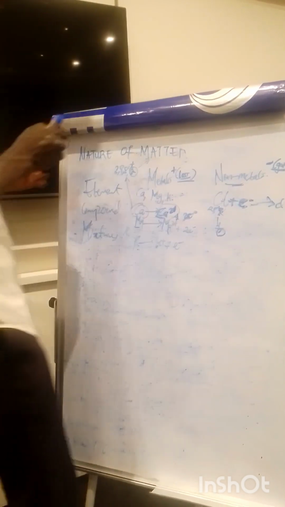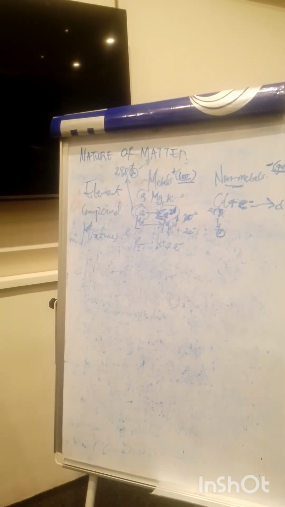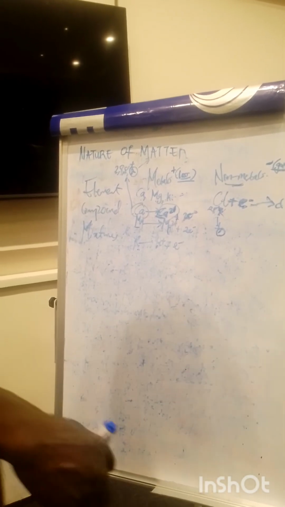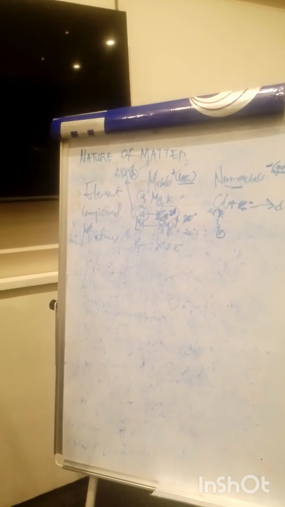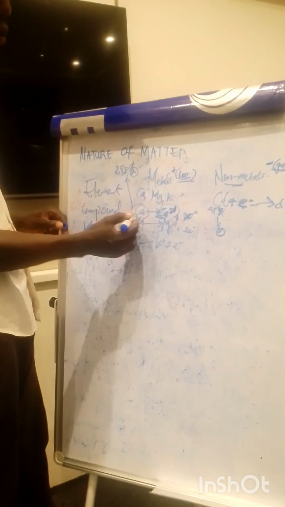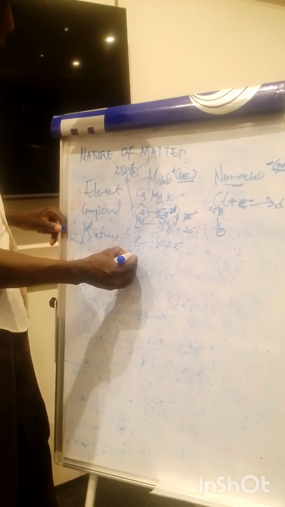Are you with me? So now let's check the differences between metals and non-metals. The first thing is their physical properties. Their physical properties are very, very different. For example, under metals, metals are malleable.